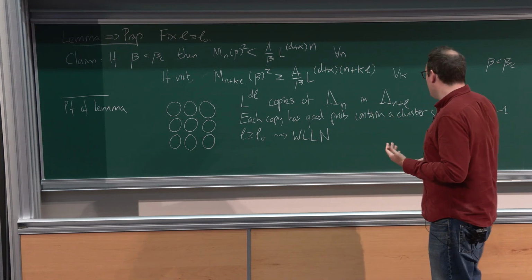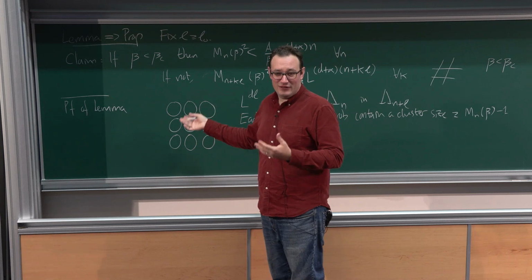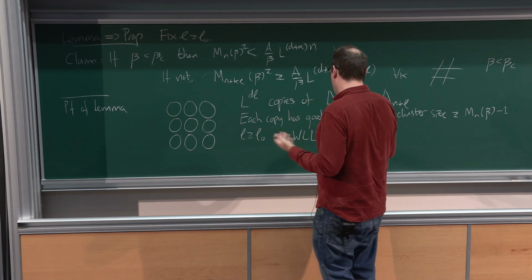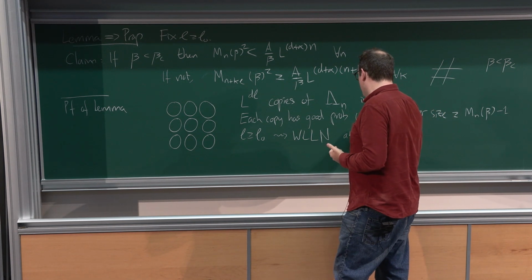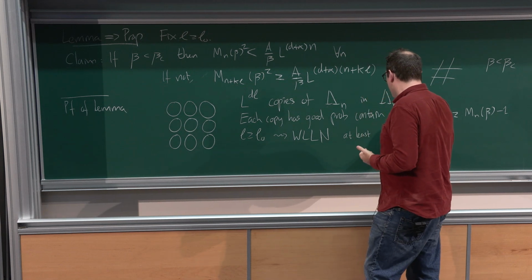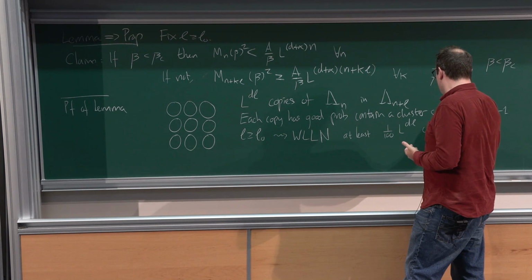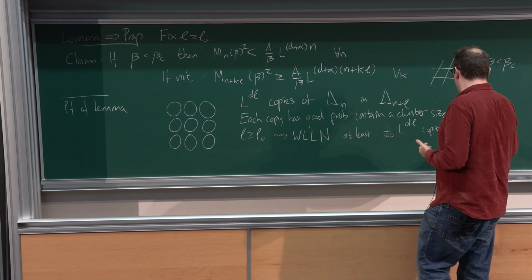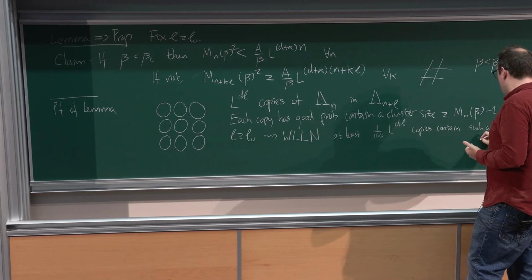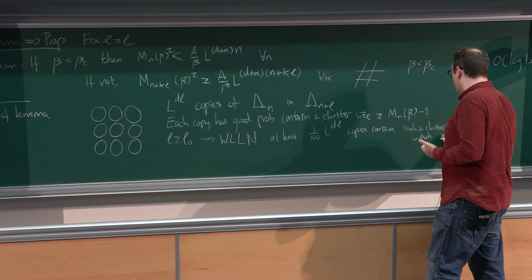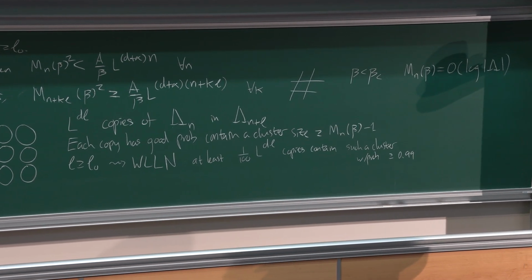I know that basically 1 over e of these are going to contain such a cluster. So by the weak law of large numbers, if I take small l large enough, then at least 1 over 100 of these copies contain such a cluster with high probability. Again, I'm not really doing any optimal management of the constants here.